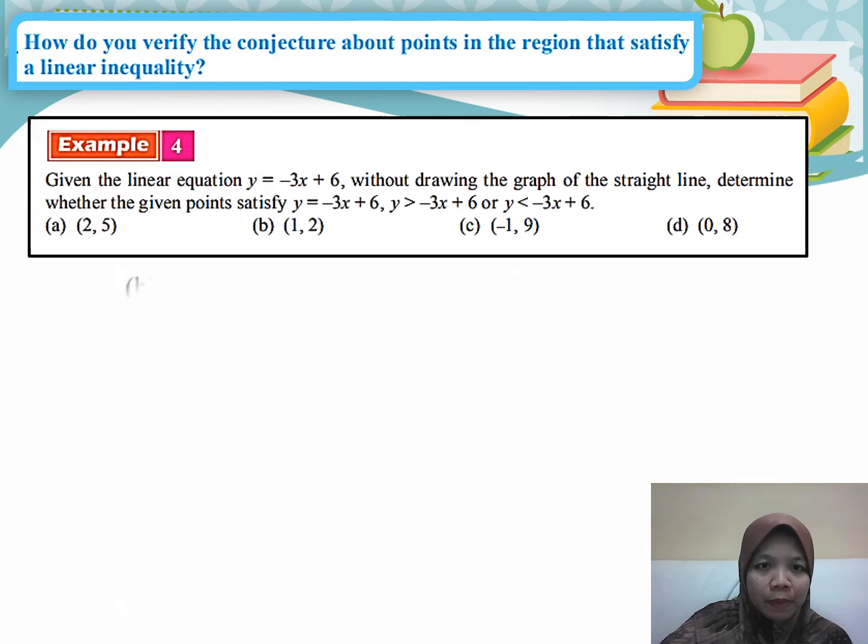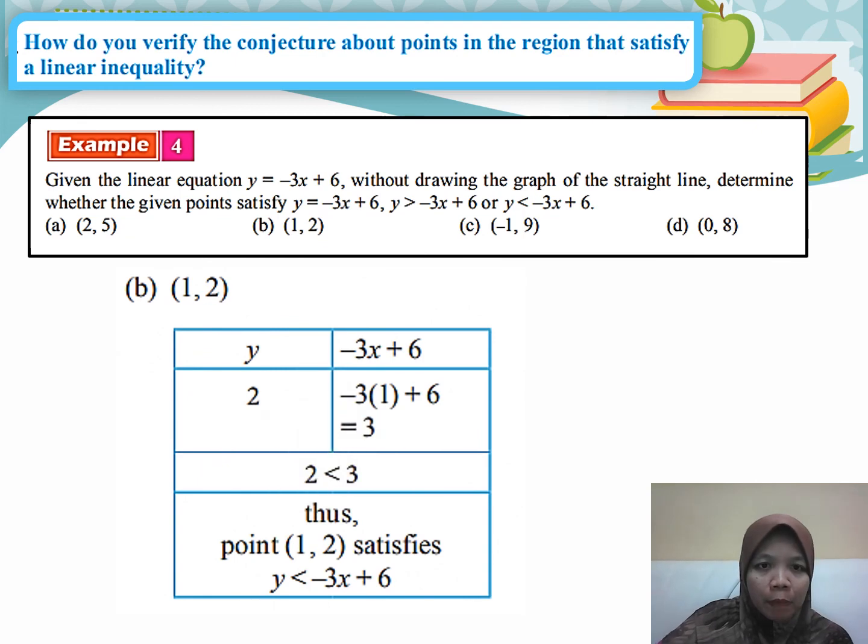Next, look at B. Point 1, 2. We do the same thing. We substitute y with 2 and x with 1. Negative 3 times 1 plus 6, then you will get 3.